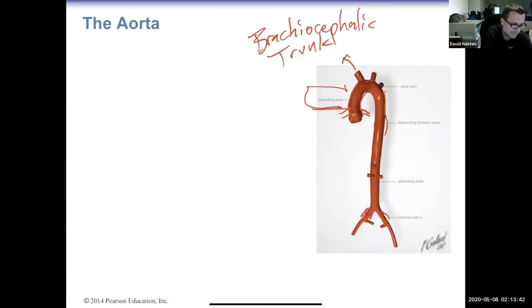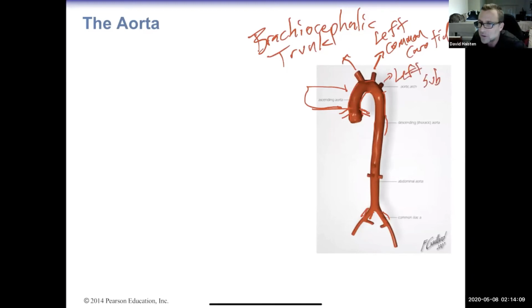The next thing to come off is the left common carotid artery. It's going to split into internal and external carotids, but that's later. The third thing to branch off is the left subclavian artery. Your subclavian arteries go to your upper limbs.